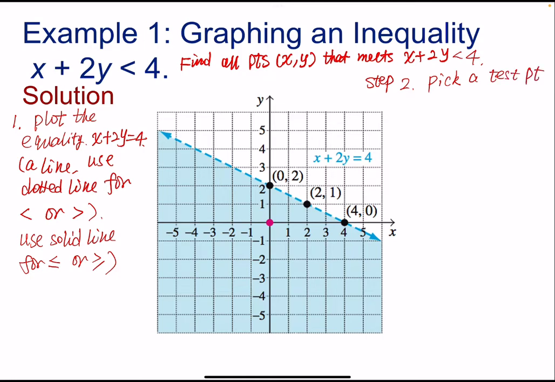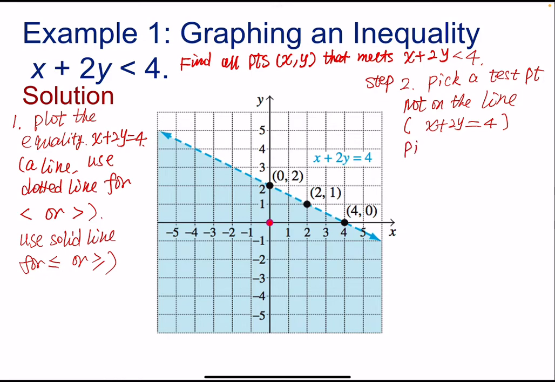Now, what we need is a test point not on the line. Here the line is x plus 2y equal to 4. So for example, we're going to pick this magenta point, the origin.